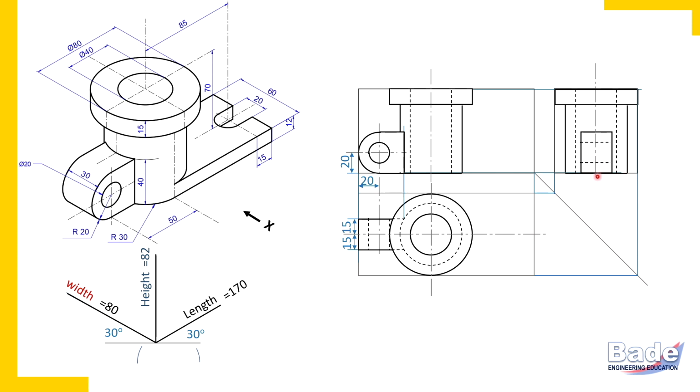Now you tell me, how should we proceed? Wait, there is one more part, but before that, do you remember one instruction I have given you? Cylinder or cylindrical hole, where it appears a rectangle, you should draw its axis. So watch here, this is the axis of the hole.